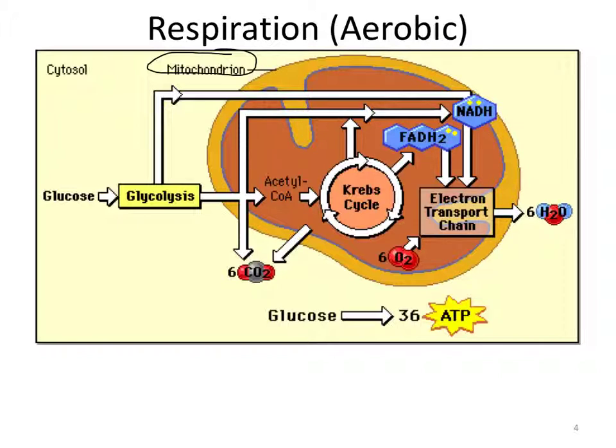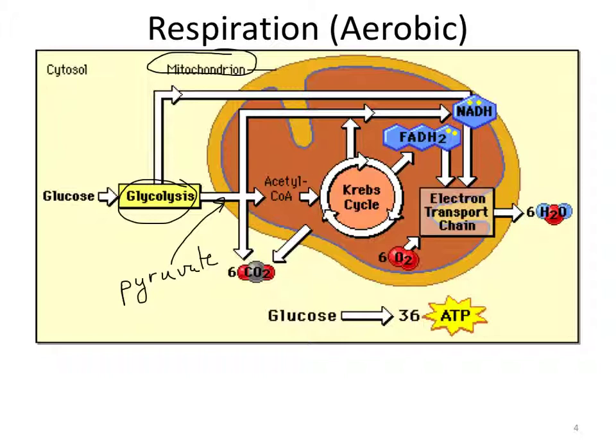This cartoon shows how in a respiratory organism, glycolysis will yield pyruvate. Pyruvate's not actually written in here, but it is coming out of glycolysis. There are 2 pyruvates coming out for every 1 glucose that went in.